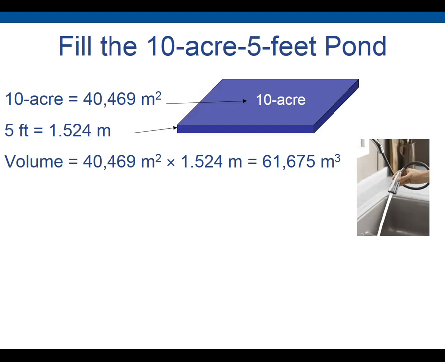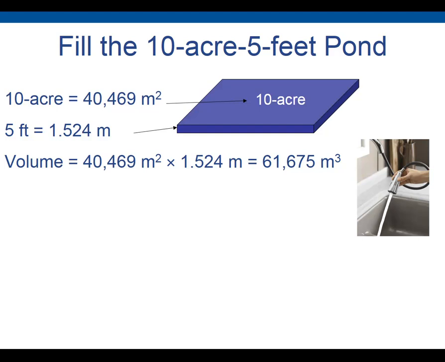And the depth is 5 feet. The pond depth is in feet, we can convert it to meters, right? So 5 feet is equal to 1.5 meters. The volume in cubic meters is 61,000 cubic meters. This is the volume of the pond, a 10-acre pond with 5 feet depth.